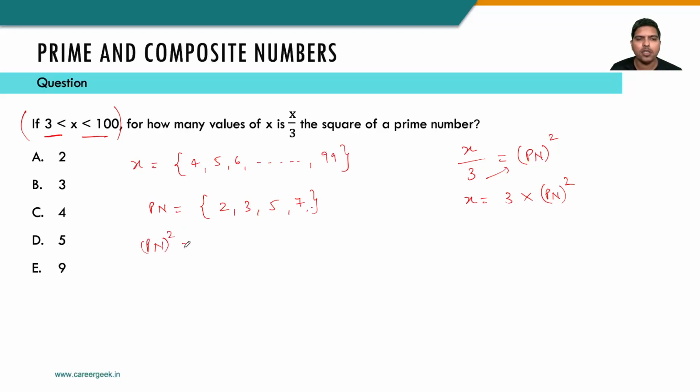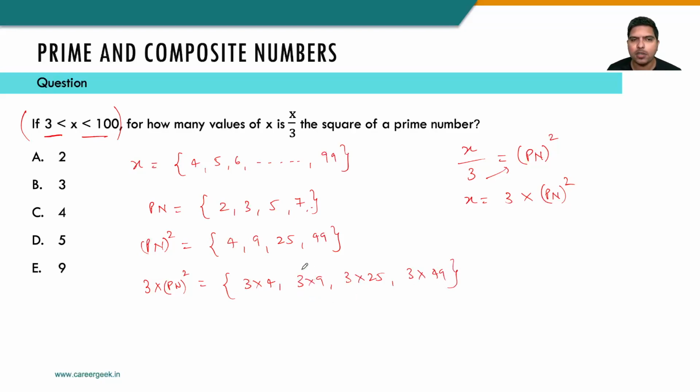So prime number squares: 2 square, 3 square, 5 square, 7 square. Now x is 3 multiplied by 4, 3 multiplied by 9. You multiply all these squares and check how many of these values are falling in this range, right?